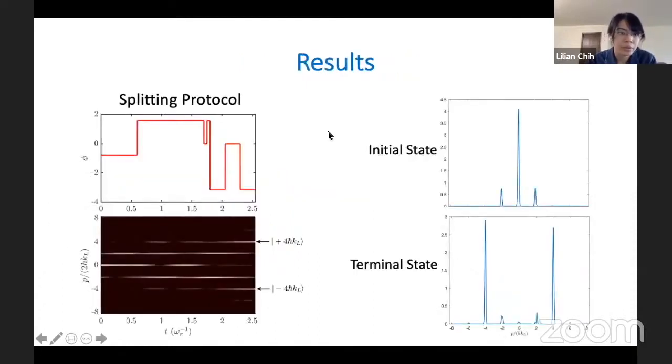Here are some results that we get from the deep Q learning algorithm. Up here is the splitting protocol, the phase as a function of time. As you can tell, the phase takes discrete values.